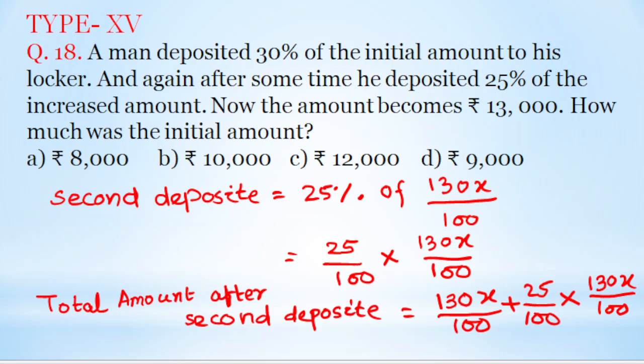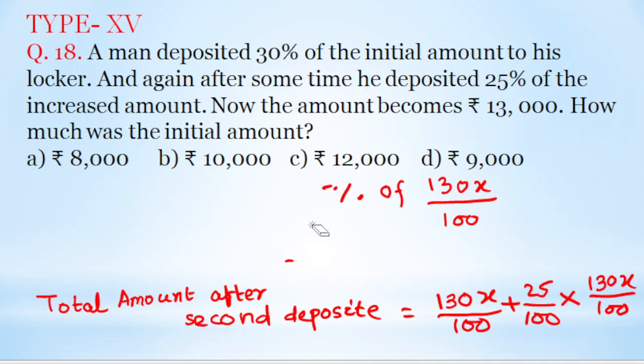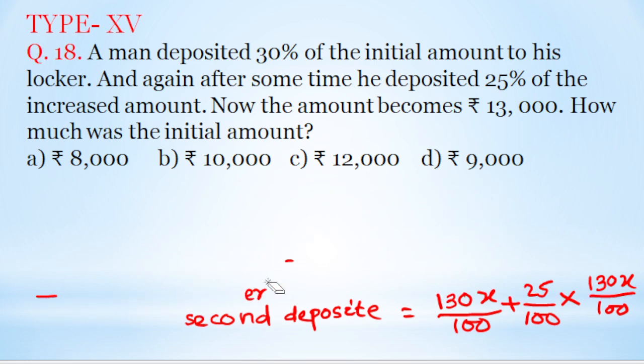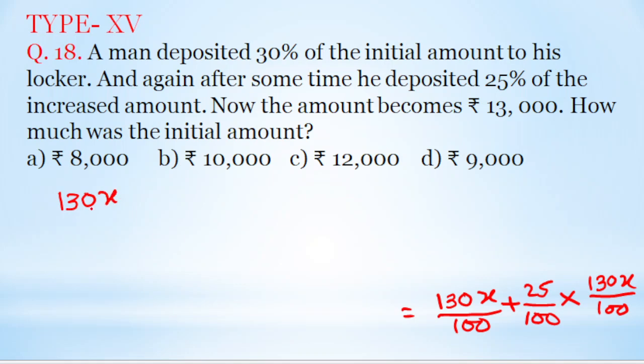So after solving this, we take 130x by 100 as common, so it will be 1 plus 25 by 100.